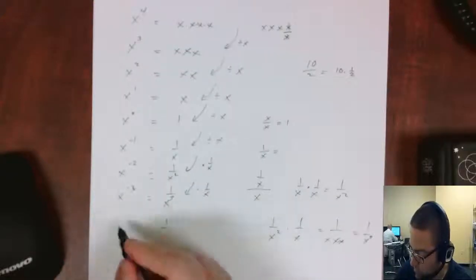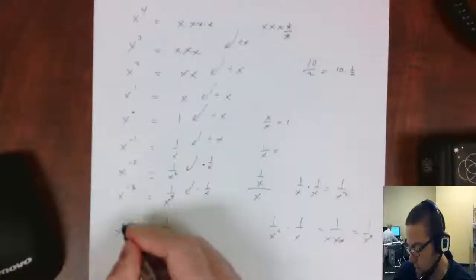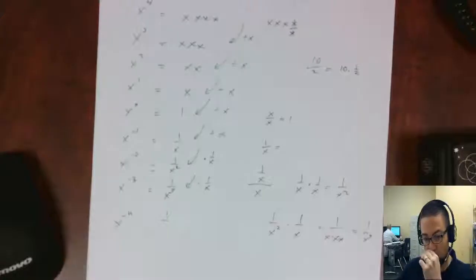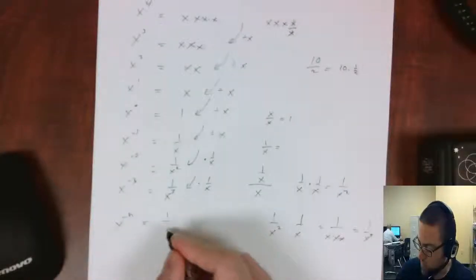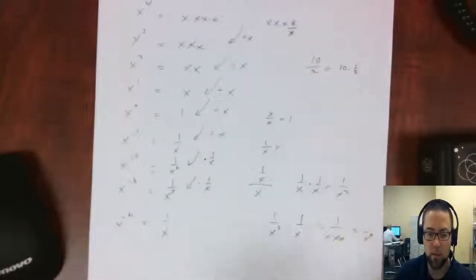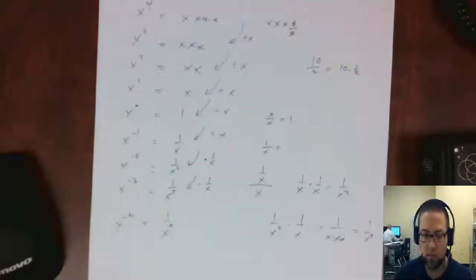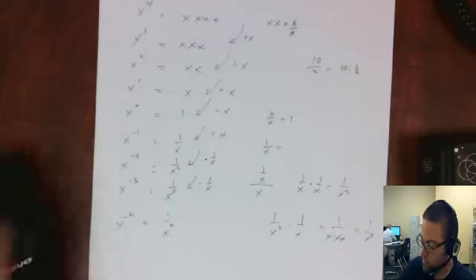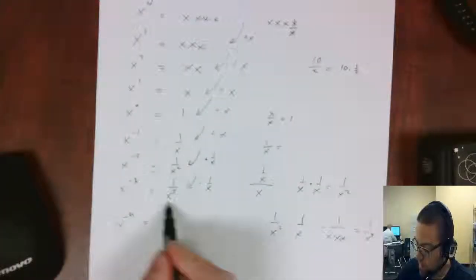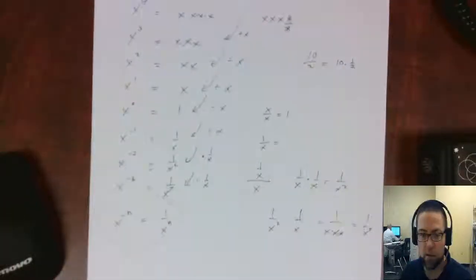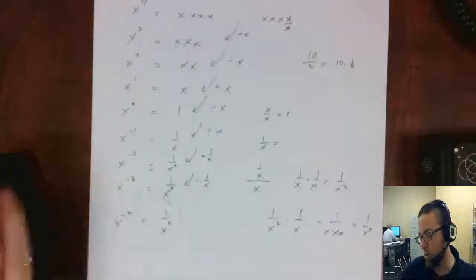So x to the negative n equals 1 over x to the what? Does that make sense? Positive n. This will always be the case if we continue on down to as big a number as you want to go.